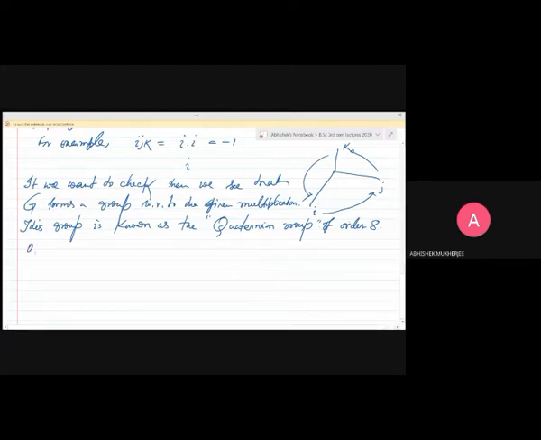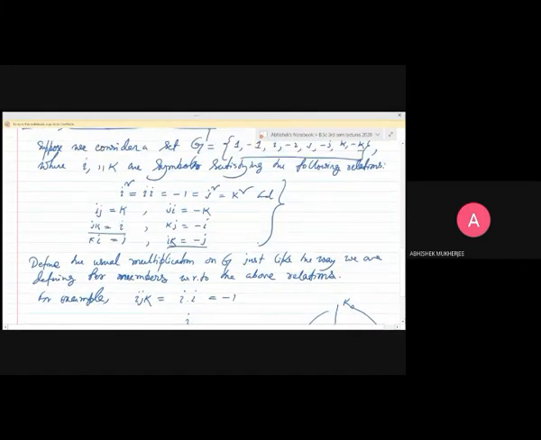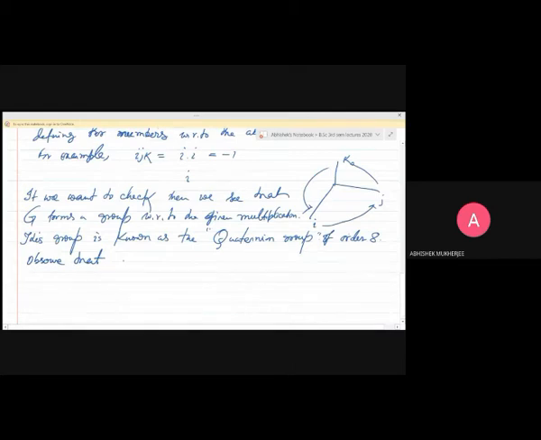So observe that, keeping in mind the construction that we have defined, ij is k and ji is minus k. That means ij is not equal to ji, right? So observe that G is non-abelian. So this is again an example of a non-abelian group of order 8, although we have seen another non-abelian group of order 8, which is the dihedral group of order 4, which also has 8 elements, right?